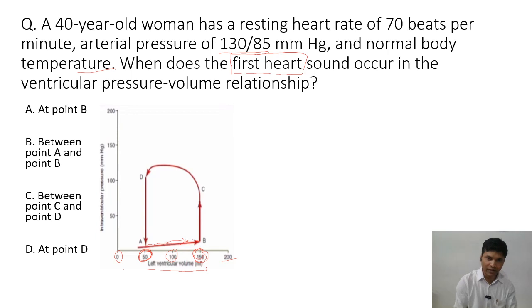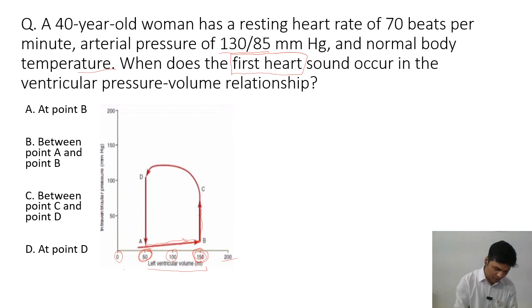After that, when the atrium relaxes and ventricular systole starts, the ventricle will start contracting and pressure will increase. Here it was almost zero, or 10-20 millimeter of mercury, and then pressure suddenly increases.